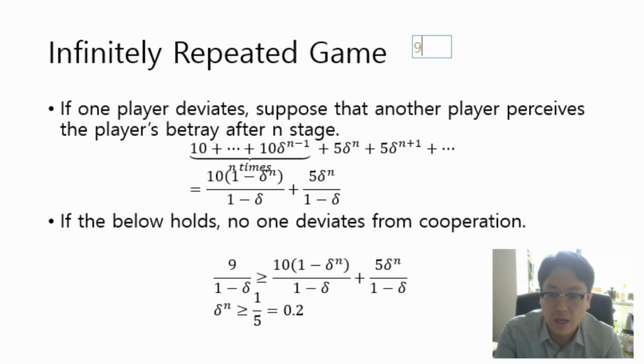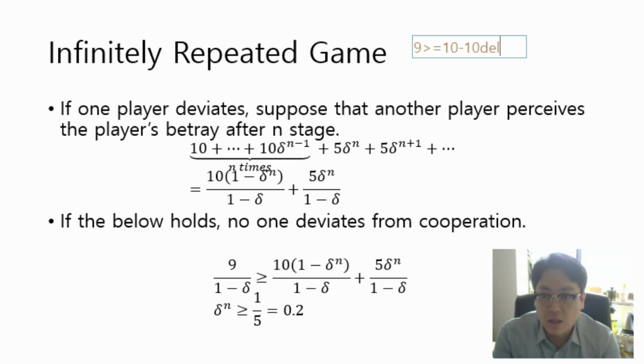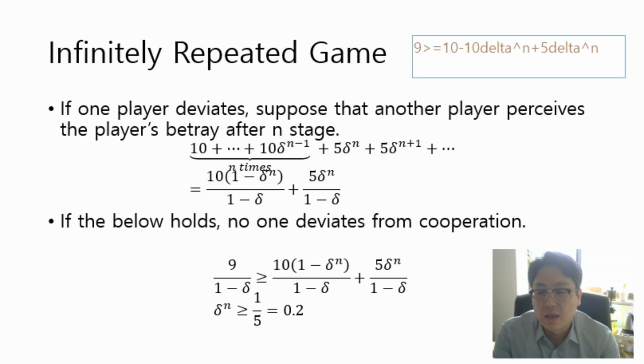What's remaining here is 9, 10, 10 delta to the n plus 5 delta to the n. 9 will move to the right-hand side, and if we do this, that is minus 5 delta to the n. If we move this term to the left, this 5 delta to the n is greater than 1.